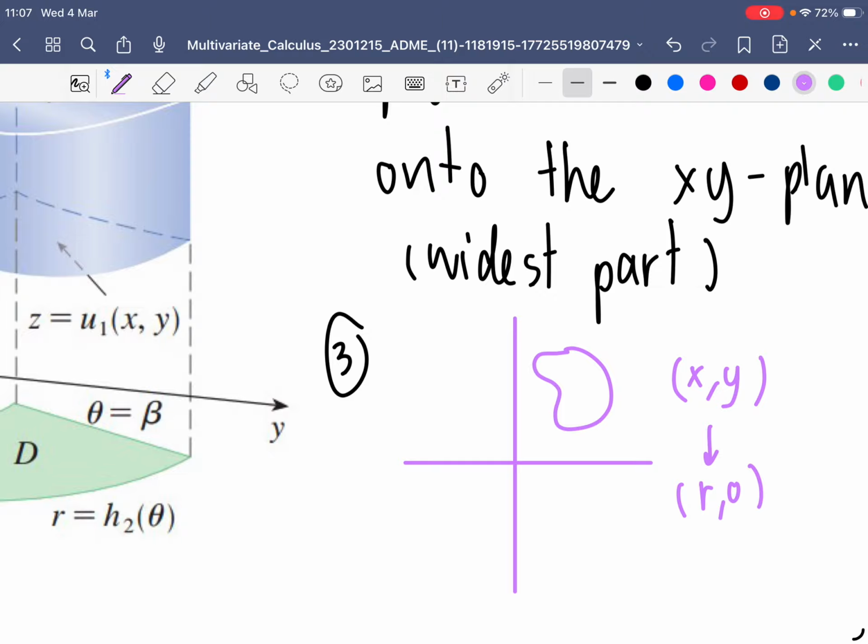And of course, when you change the domain of integration, you also have to change the function that you are integrating, right? So now you change your x to r cos theta, and your y to r sin theta. And most importantly, you're going to have the factor r being multiplied.